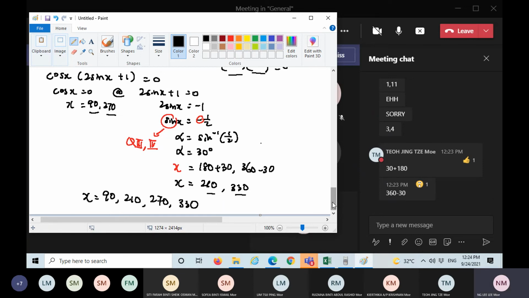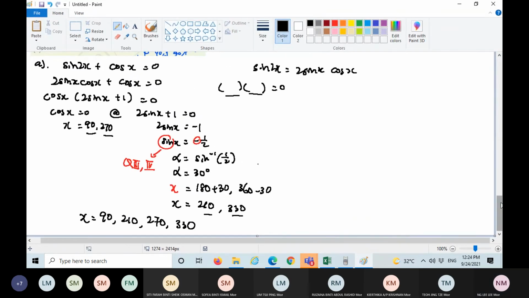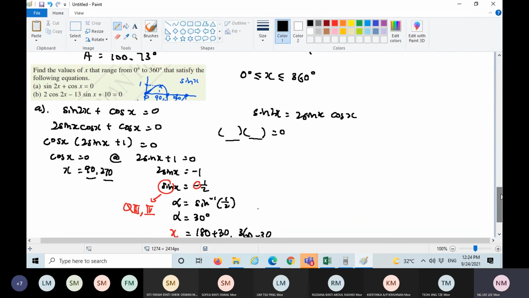Yeah, one more example. This is another example, I try to do it here. B: 2 cos 2x minus 13 sine x plus 10 equals 0.